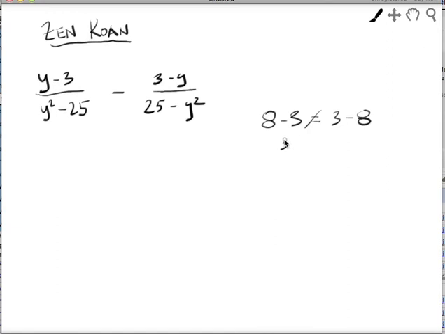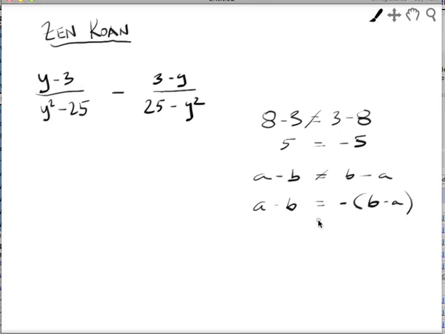In this case, we have 5 is equal to negative 5. If you take any two numbers, this situation develops. They're not equal, but they're opposites, and we can use that to our advantage. For instance, I know that a minus b will not equal b minus a. However, I know that a minus b will equal the opposite of b minus a.